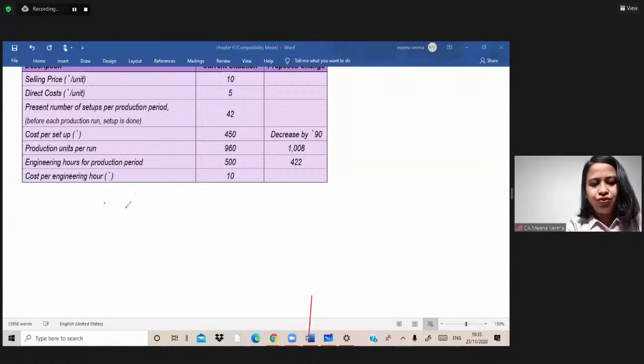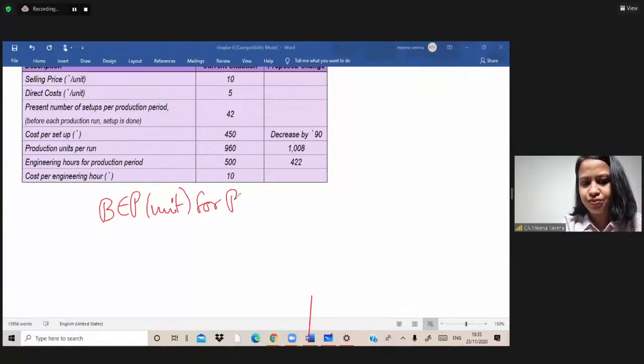Okay, we are trying to find the break-even point in units for the proposed system.